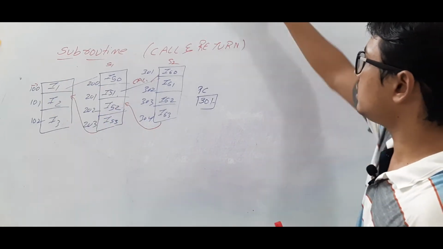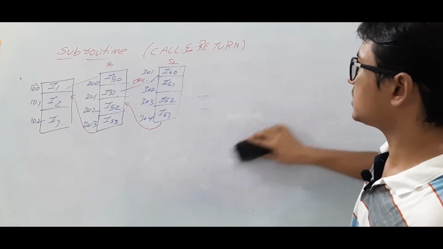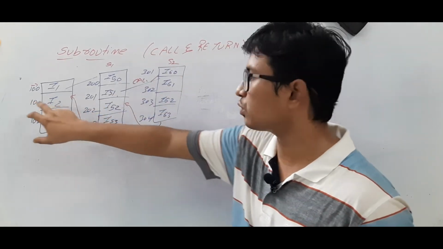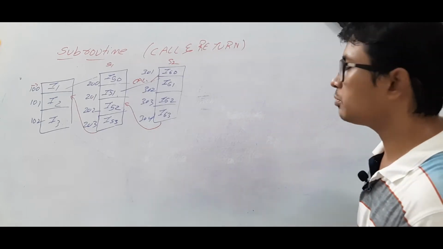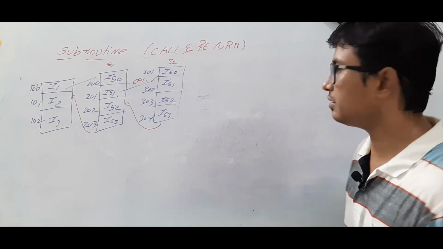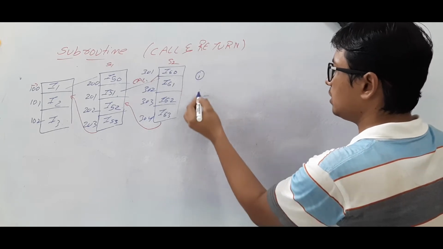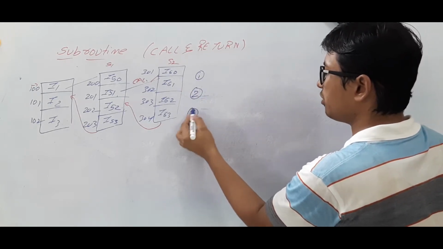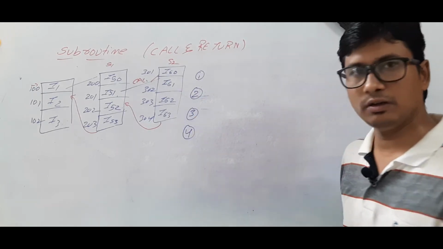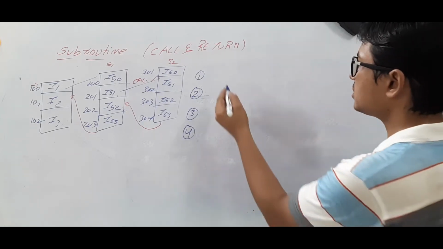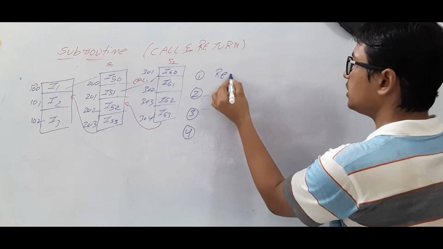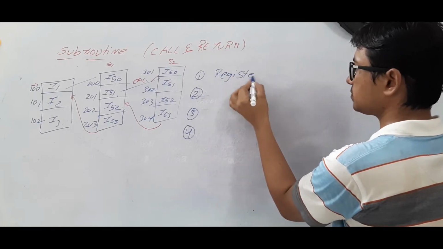Now, storing the address of the next instruction, meaning this 101, 202, can be done in multiple ways. People have tried multiple ways, failed, and finally came to the proper solution. First they started storing it in a register.